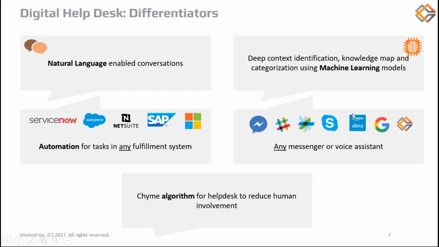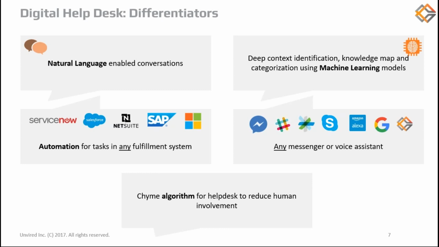The next differentiator is about providing an omni-channel experience for customers and employees. That means they should be able to use any messenger or any voice assistant of their choice. So in a consumer scenario, it could be any social channel or a contact center application, or in an employee scenario, it could be any enterprise messenger which the enterprise is already using.